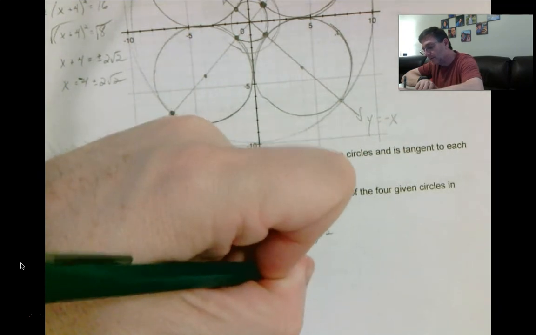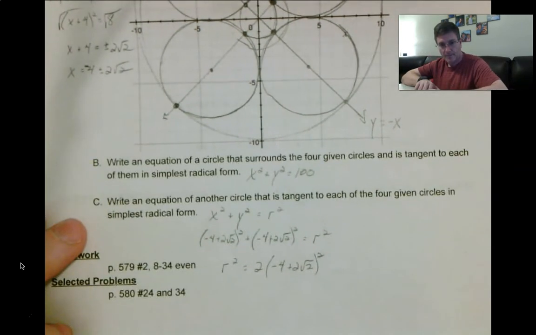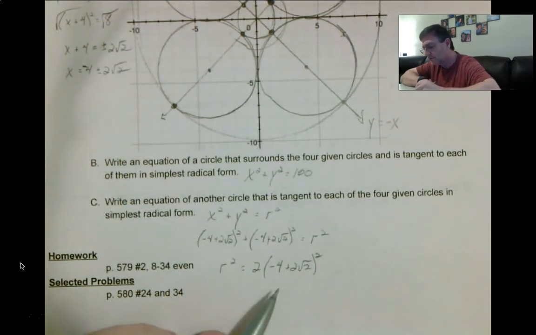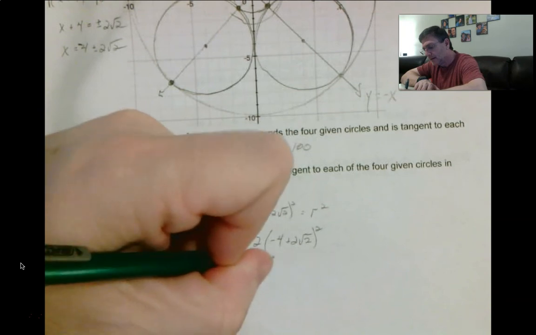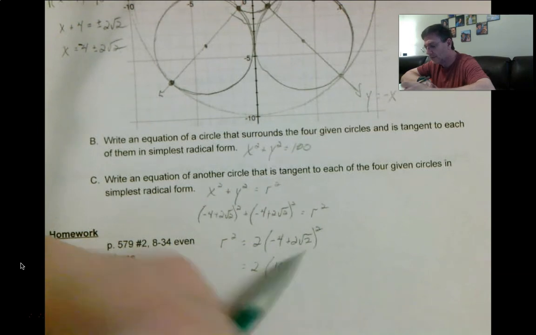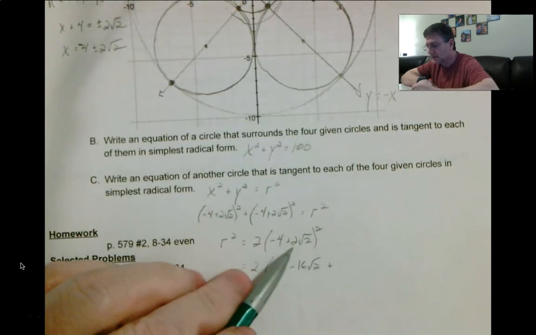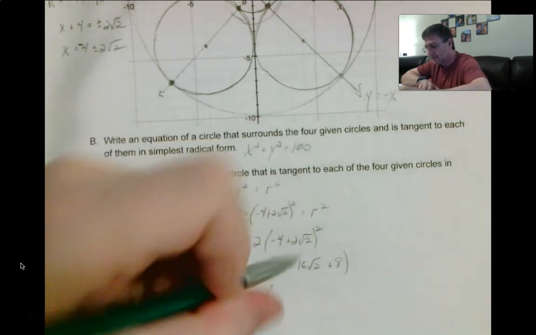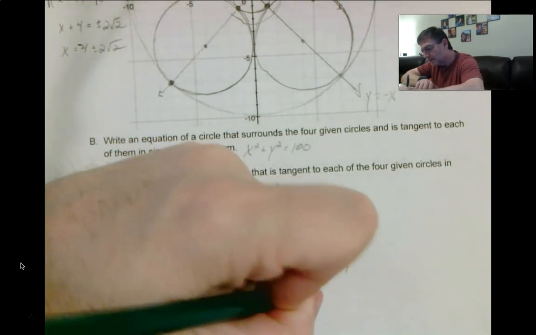So r squared is equal to 2 times negative 4 plus 2 square root 2 squared. And sure, we could probably simplify this some more, let's try it. This is going to be 16, negative 8 square root 2 times 2 is minus 16 square root 2, plus 8. 16 plus 8 is 24, minus 16 square root 2.